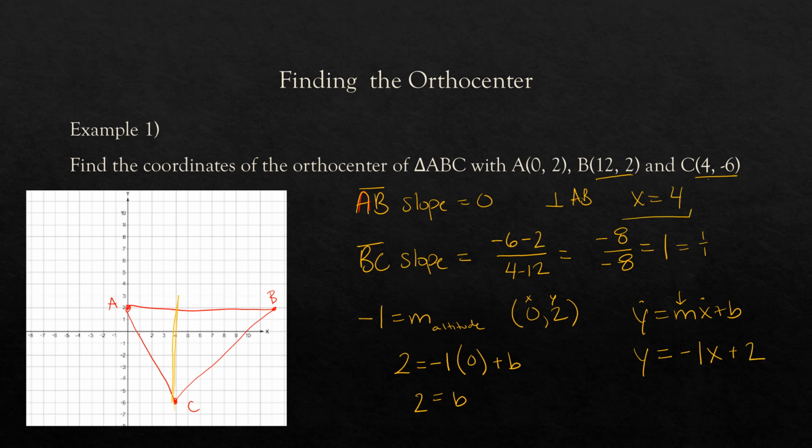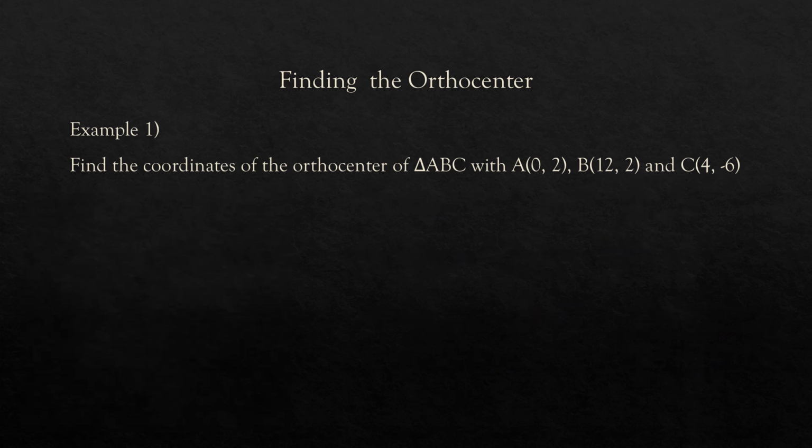So remember, this was our first altitude equation. This was our second altitude equation. We're going to go to the next page and solve for the intersection point between those two altitudes. So again, we had x equals 4, and we had y equals negative x plus 2.